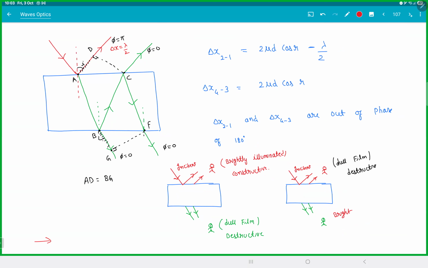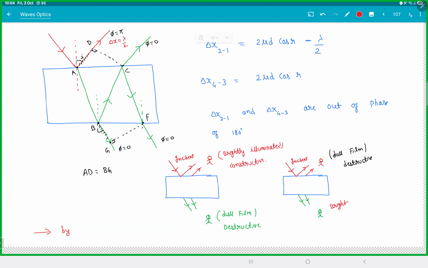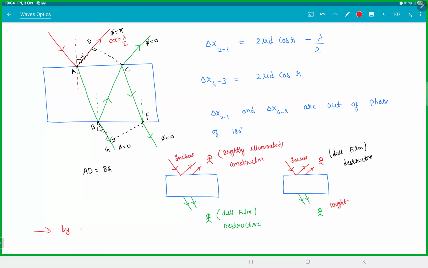Here I showed you literally mathematically. So by conservation of energy, if one side is maxima, the other side has to be destructive interference. If one observer sees maxima, the other observer sees minima.